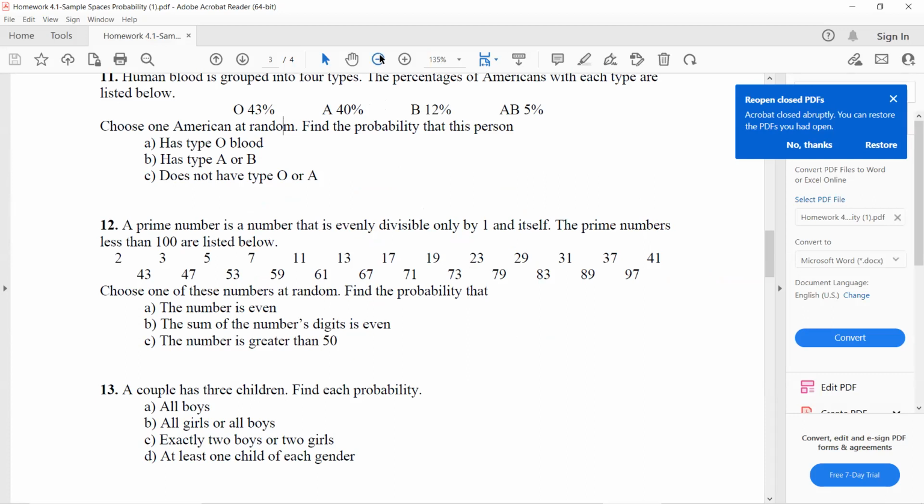So here, if you have at least 1 boy and 1 girl, you want 1 of each. You could have 2, but you don't want all 3 to be the same.